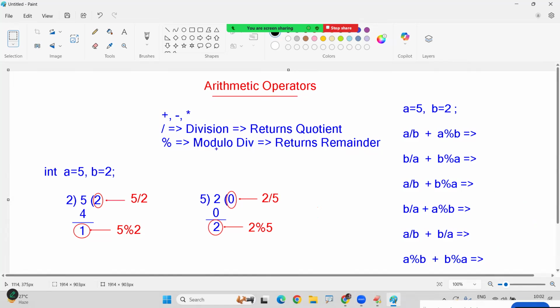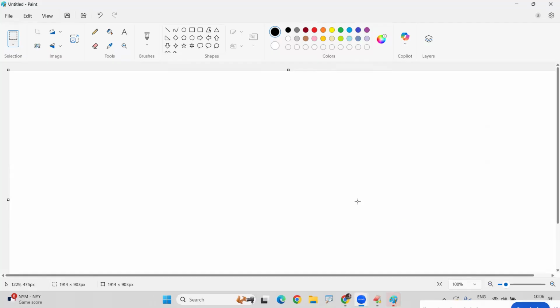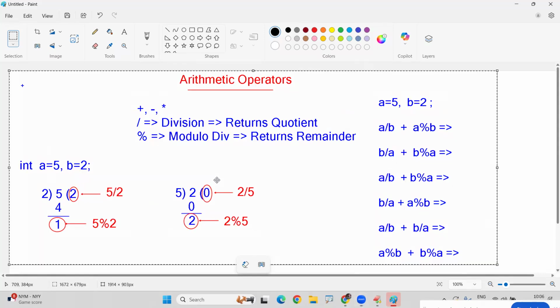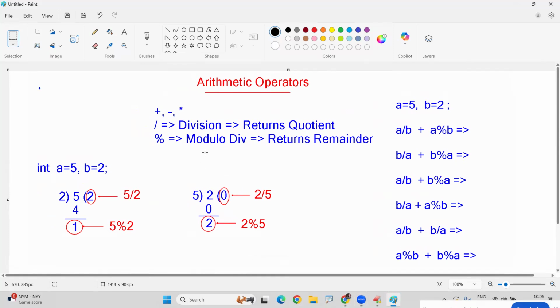Okay. Just write the outputs for all these. So note down arithmetic operators. Arithmetic operators are used to perform all the arithmetic operations. Division and mod are there. Division will give the quotient and mod will give the remainder. This is the quotient, the division operation. This is the remainder, the mod operation.